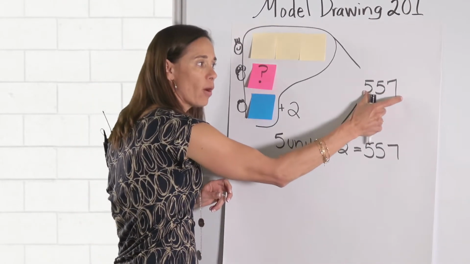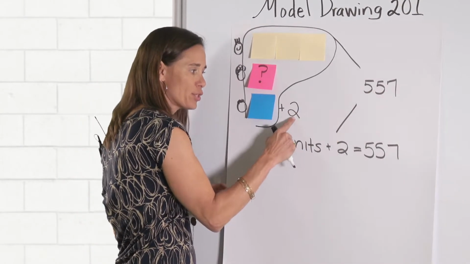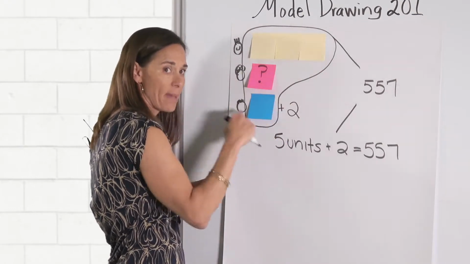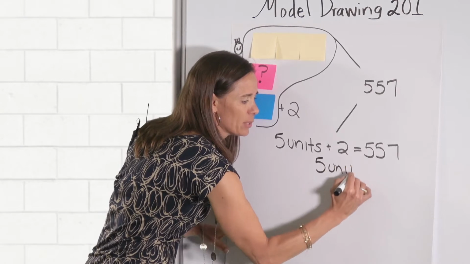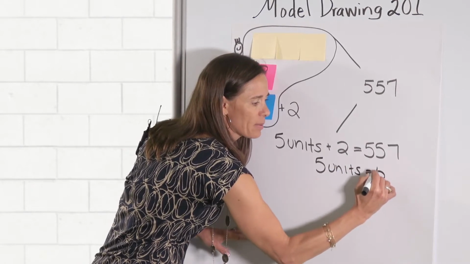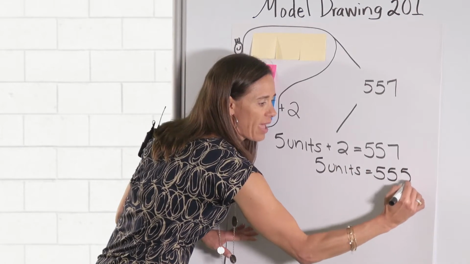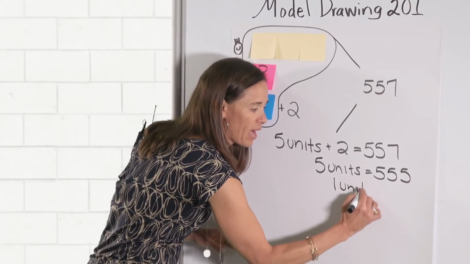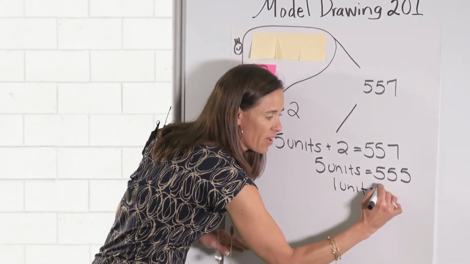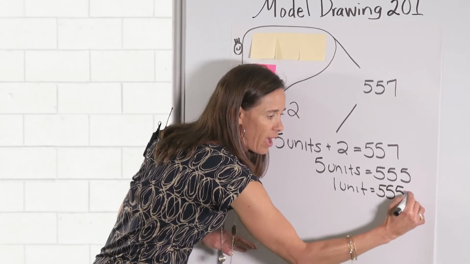Or if I know my whole, I can subtract the 2 to figure out this amount. So you would see students say that 5 units would be represented by 555. And then in order to find that 1 unit, they would divide that 555 by 5.